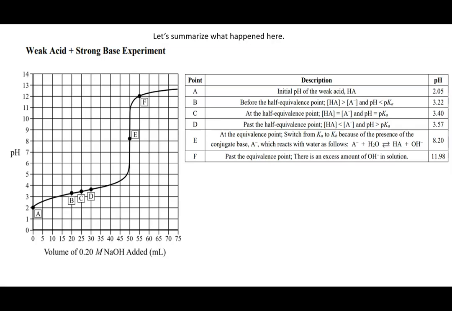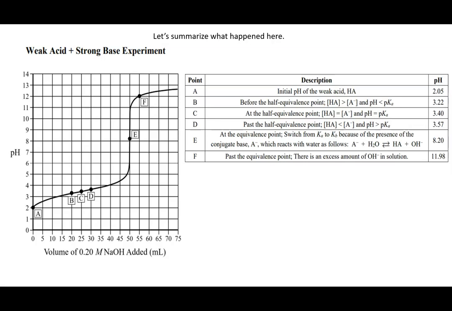And the reason we do this is because now we have the conjugate base, which acts as the only base because it is the only base. And so now we can write that reaction expression, A minus plus water forms HA plus OH minus, and we can do our pH calculation. Really, we're doing a pOH calculation, and then we can subtract that from 14 to get pH.